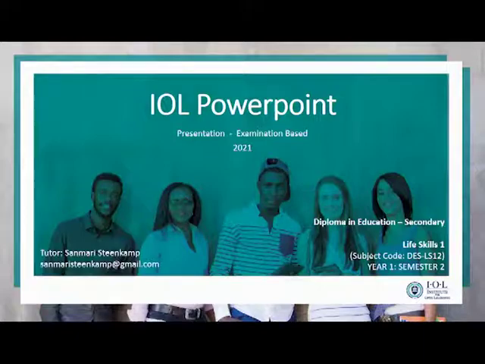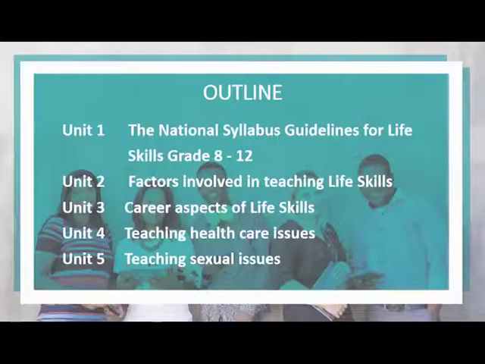All right, so we're going to go through the outline of your study guide, and then I will also be discussing some topics underneath each of the units to prepare you for your assignments and also for the examinations. So the outline of your study guide is Unit 1 to 5, where Unit 1 is the National Syllabus Guidelines for Life Skills from grade 8 to 12.